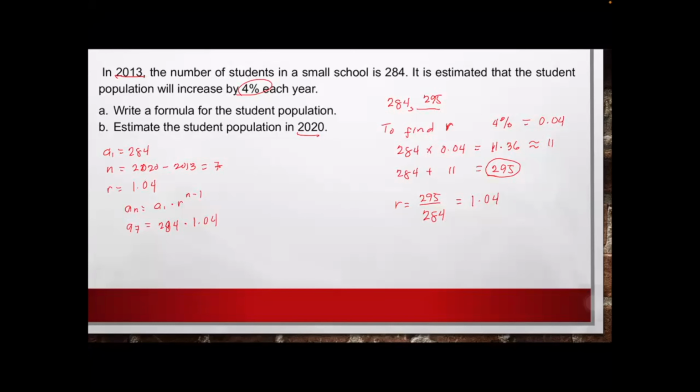So, ito yung letter A. This is the answer for the letter A. Kasi ito yung formula natin. So, a sub 7 or a sub n is equal to 284 multiplied by 1.04 raised to n minus 1.